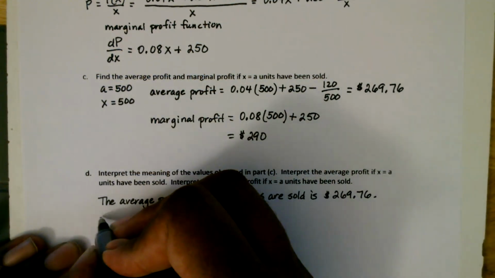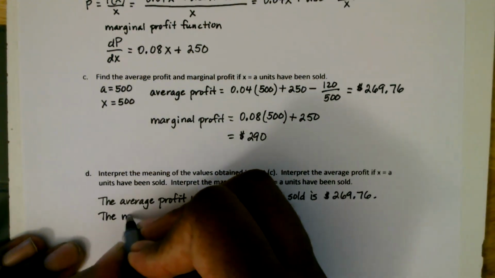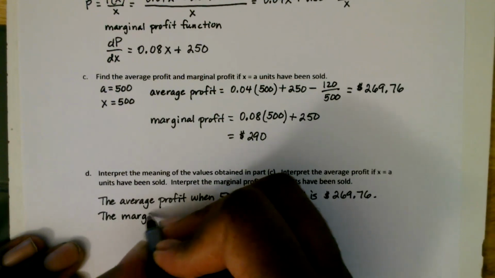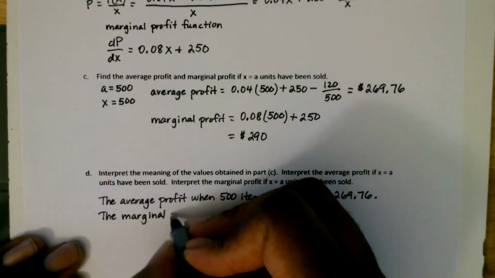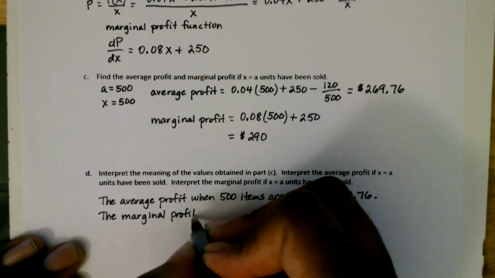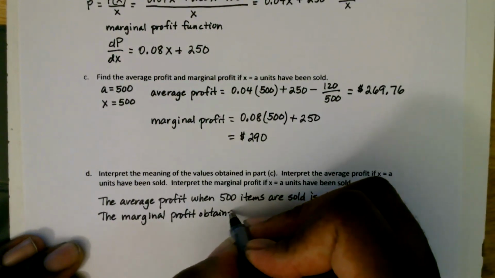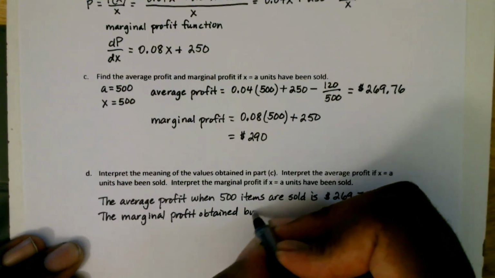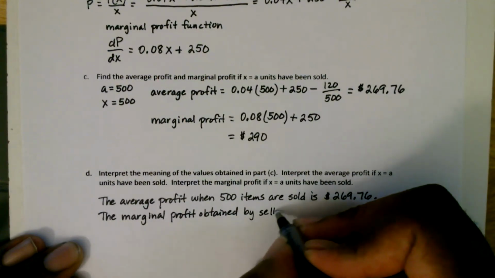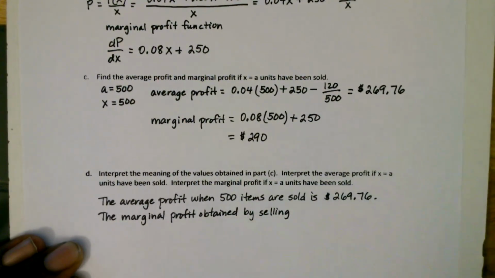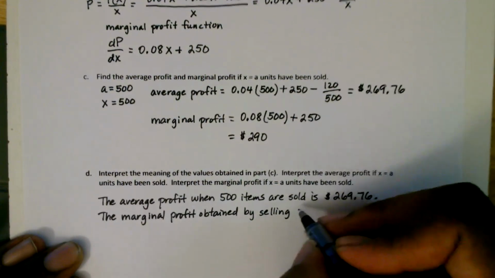Now for the marginal profit, let's interpret that by using the definition of the marginal profit. The marginal profit obtained by selling, and of course, there's one additional item after 500 items are sold.